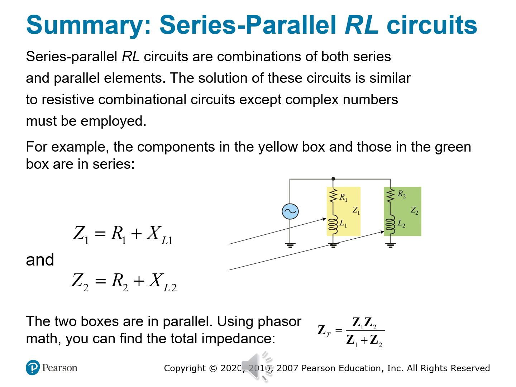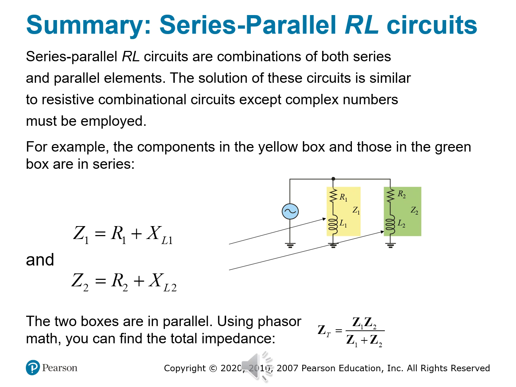You can calculate each series impedance: Z sub 1 is equal to R sub 1 plus jX sub L1, and Z sub 2 is equal to R sub 2 plus jX sub L2. Then treat Z1 and Z2 as parallel branches and solve using the product over sum rule, where Z sub T, Z total, is equal to Z sub 1 times Z sub 2 divided by Z sub 1 plus Z sub 2, product over sum.